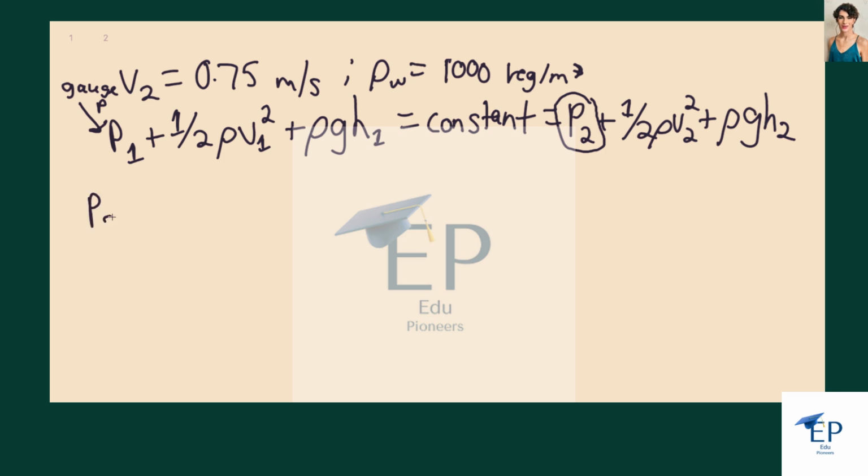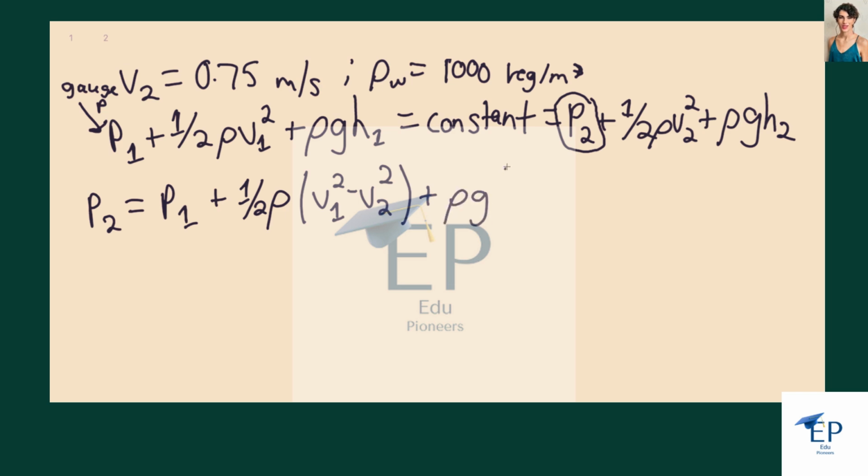So P sub 2 would simply be equal to P sub 1 plus half of the density times V sub 1 squared minus V sub 2 squared, plus the density times the gravity times H sub 1 minus H sub 2.